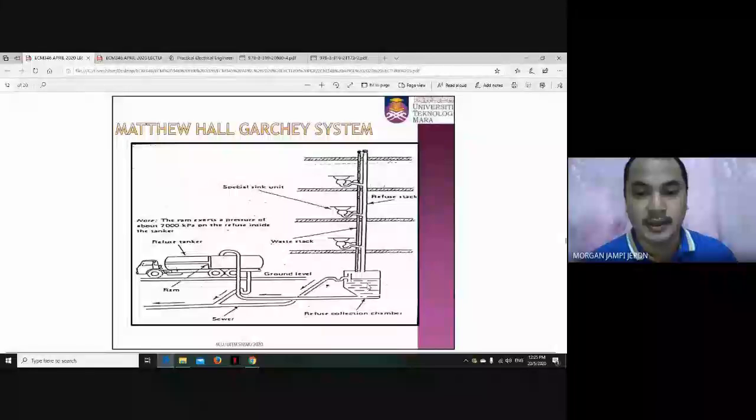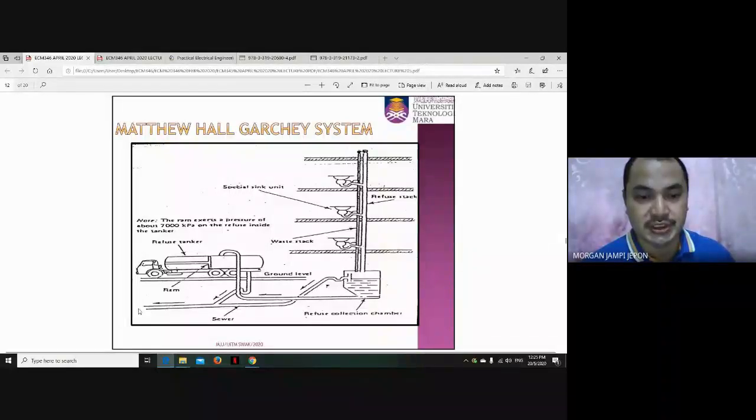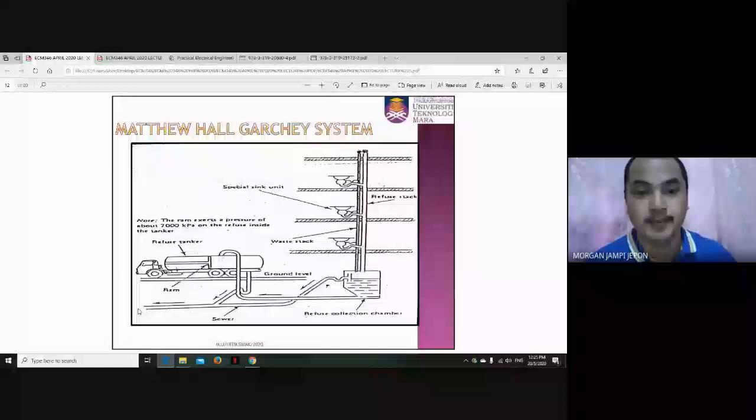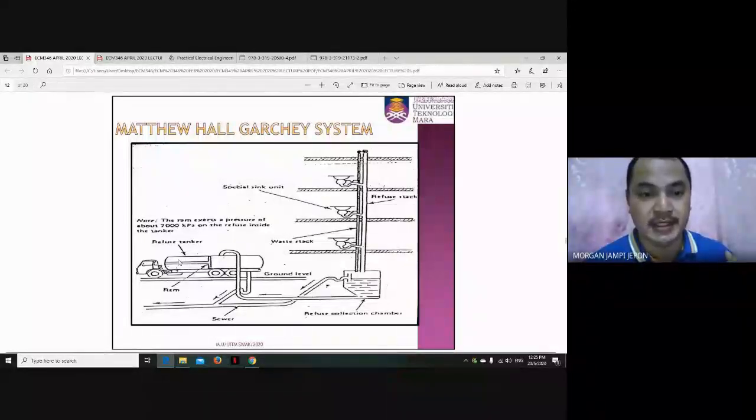And this waste will flow into the sewer system, and finally it goes to the waste treatment plant. Part of that is sucked by this refuse tanker. The refuse tanker will suck the waste from this refuse collection chamber and dispose of it in the waste treatment plant.